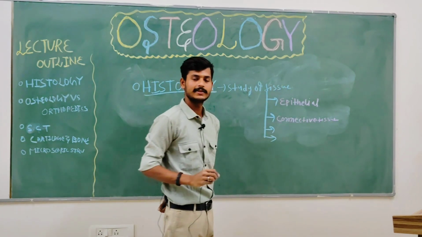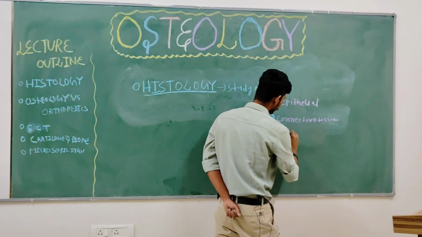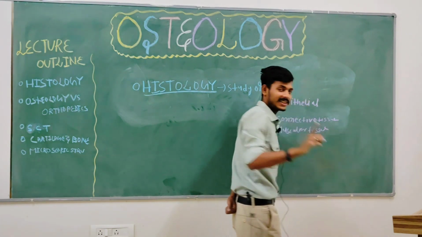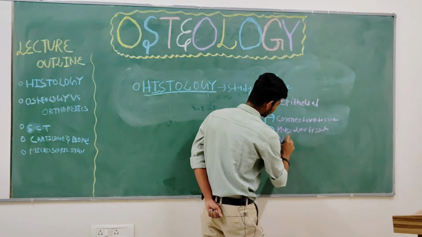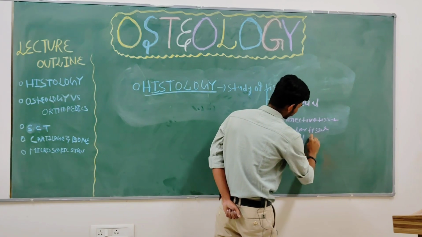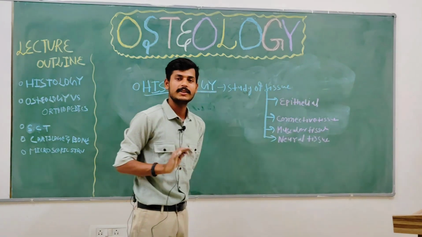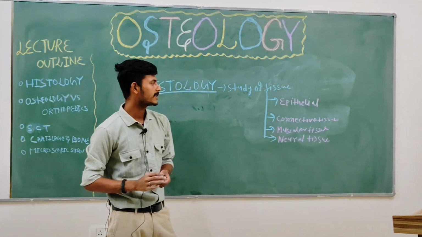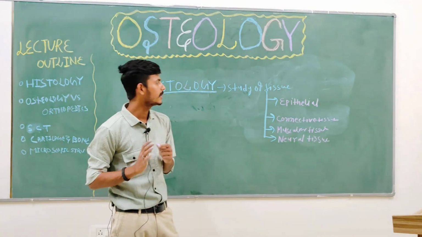Then we have muscular tissue. And the last tissue, if you don't tell, I will tell: it's neural tissue. So we basically have four types of tissue. By these four sets of tissues, our entire body is formed.